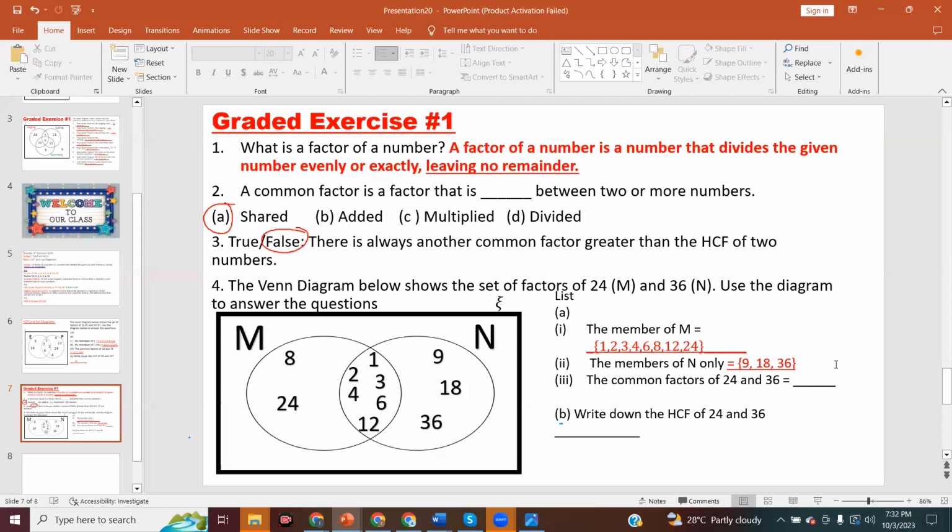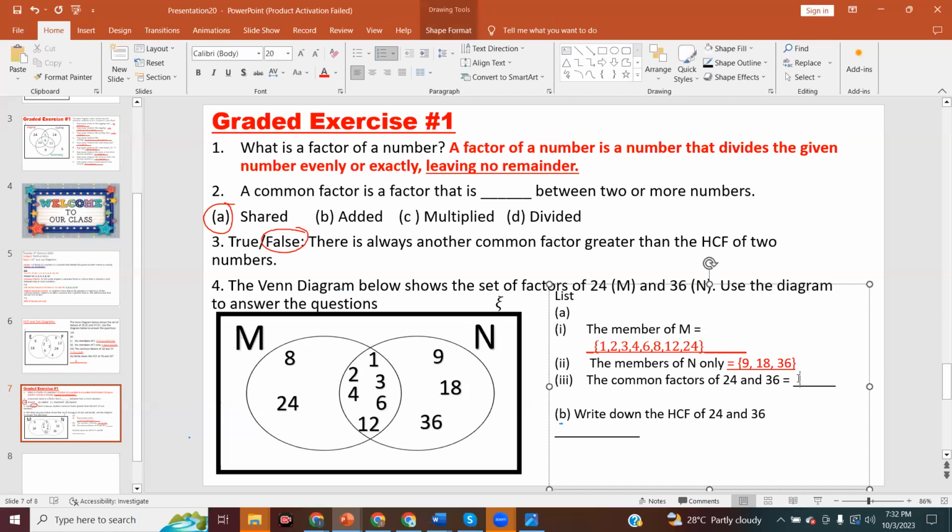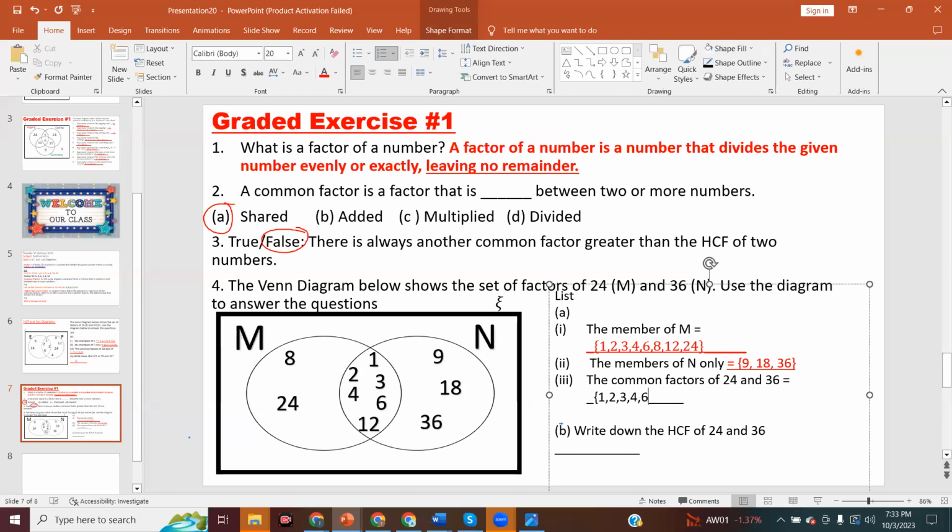Now we want the common factors, only the common ones between 24 and 36. So it'll be 1, 2, 3, 4, 6, and 12.